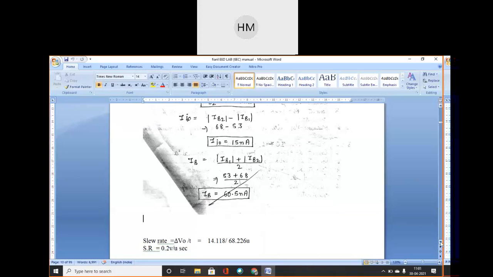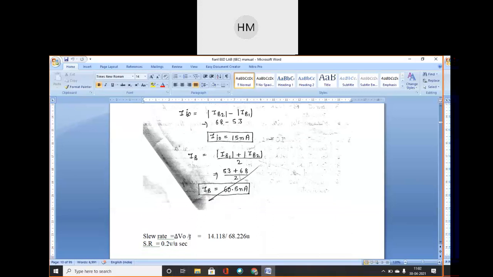Then the next calculation is del V naught by del T. This is my slew rate formula.